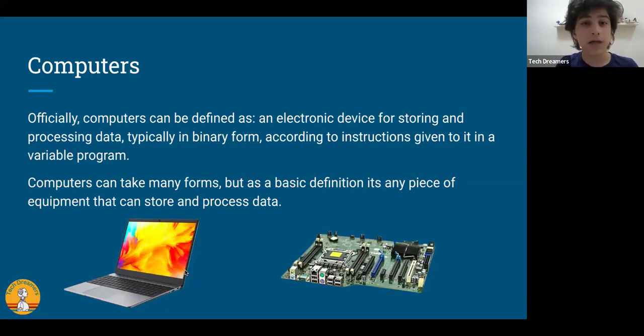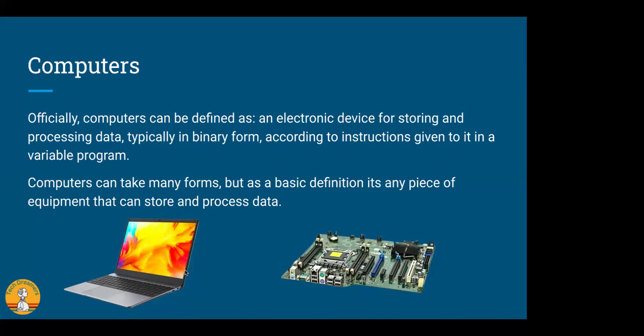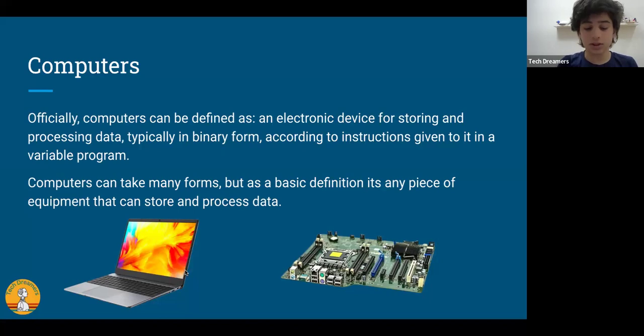This is typically done in binary form, which we'll discuss more in a couple of slides, which is the instructions given to it to do a certain program. So computers receive instructions in the form of code, which is software, and then they will use those instructions to process data. And that is a simple way to define a computer.